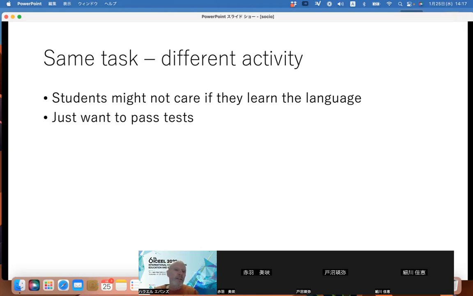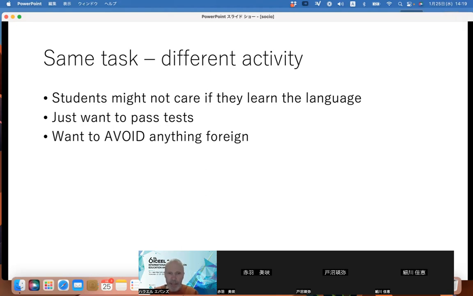So for students who just want to pass the test, maybe the task is the same. They're all doing the same task, but if the goal is different, then the activity is different in each case. That's what sociocultural theory suggests. In some situations, students just want to avoid anything foreign.